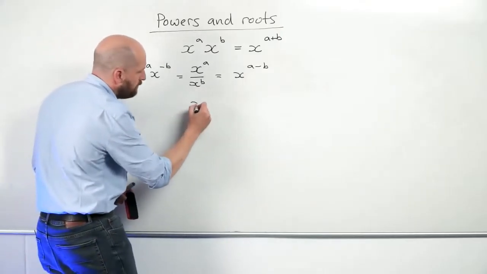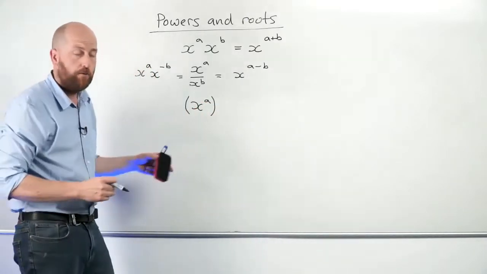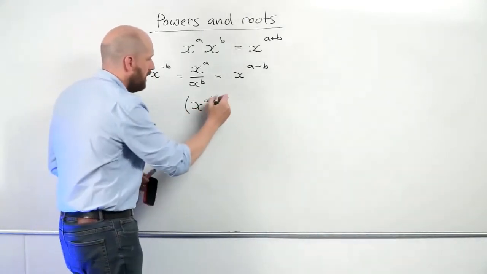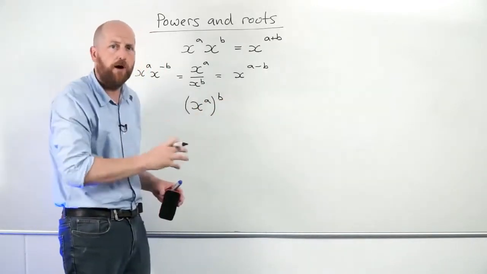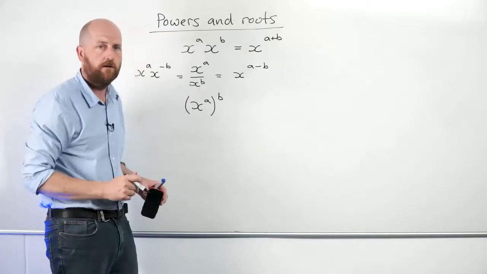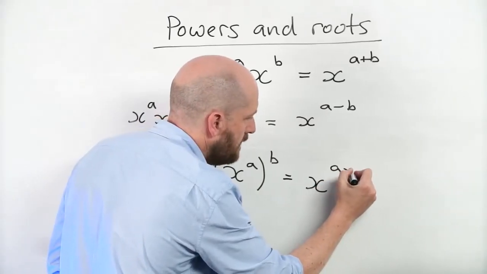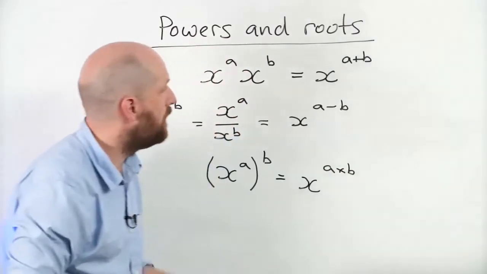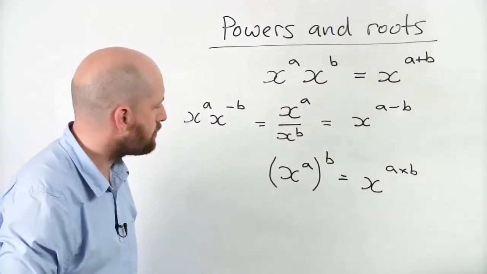The third important rule here is that if I have x to the a and I want to raise the whole thing to a power b, so this is x to the a multiplied by itself b times, then this is actually equivalent to x to the a times b. Not plus or minus, this is a times b.